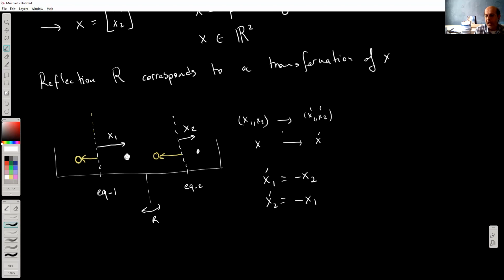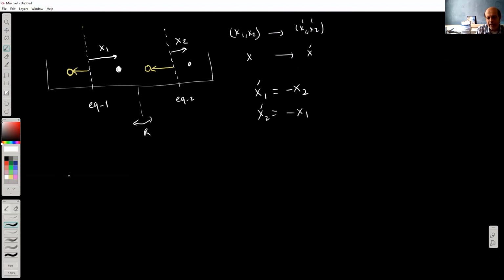Okay, I don't know if you have understood this, but this is an important thing. I'm sorry, may I ask something? Yes. In the reflection operation, we are reflecting everything, right? Together with the system, not the coordinate system. Point masses, everything. No. All right. Reflecting the coordinate system, this is a passive transformation, right?